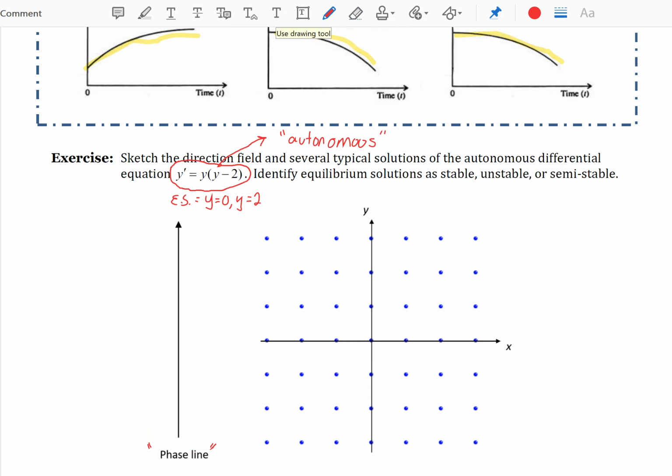Now on our phase line, I'll put those two equilibrium solutions, one at 0 and one at 2. Notice I'm trying to get them to be about the same space as the line y equals 2 over here. Now because these are equilibrium solutions, we know that the slope will always be 0. So in our direction field, we're going to have slopes of 0 along every point in here. Same as here.